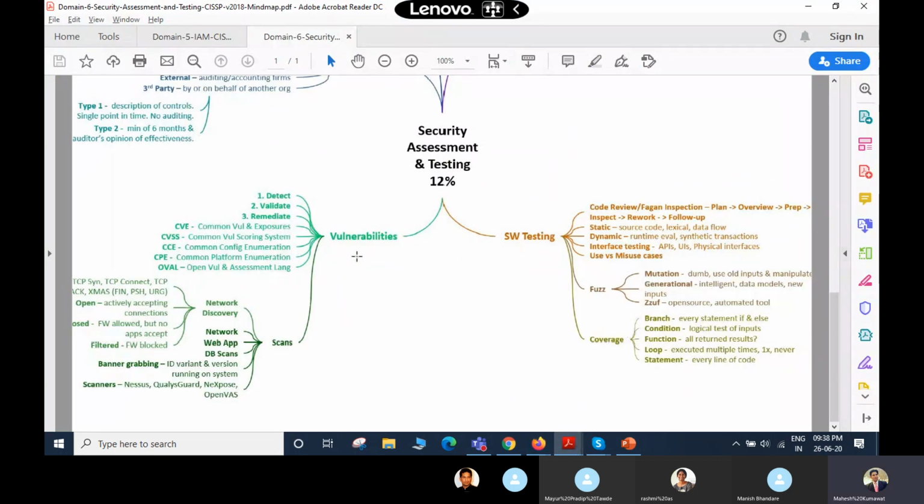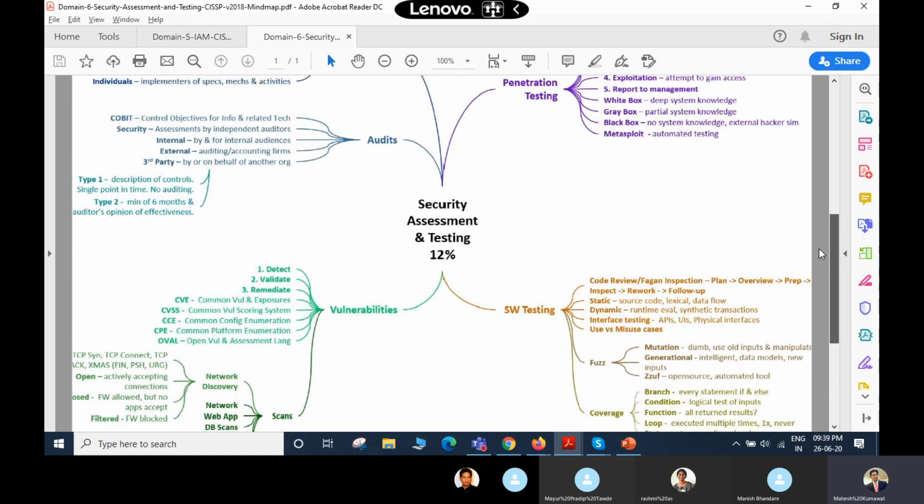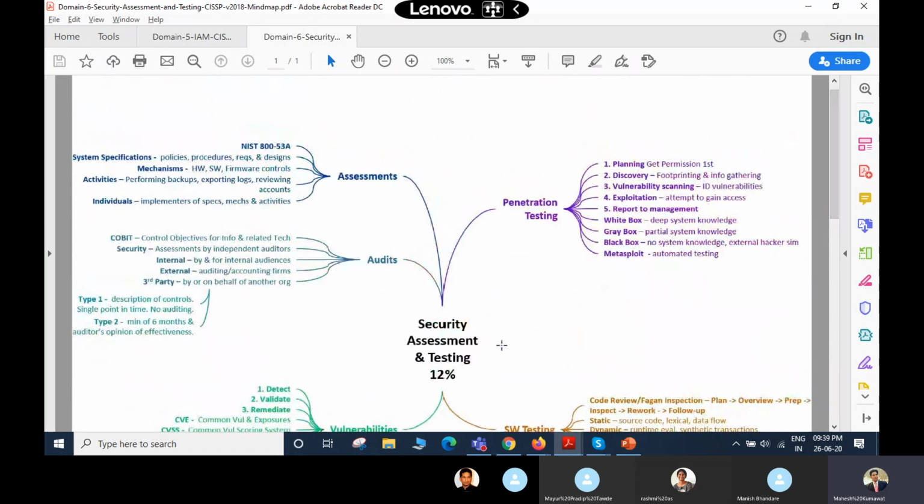Okay, so once you find the vulnerabilities, you have to go for scanning. We have different tools: OpenVAS, Nexpose, Qualys, Nessus. So you need to study all those things. Once you find the vulnerabilities, the next step is penetration testing.